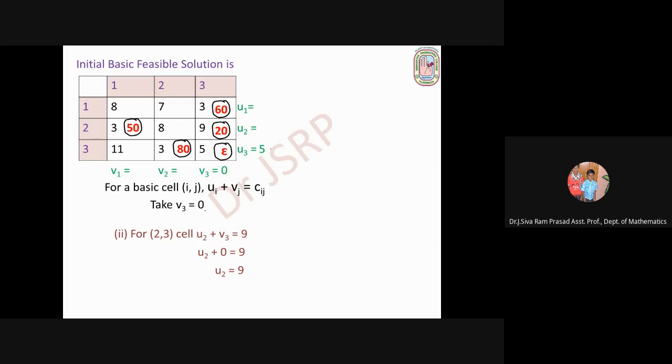So here U2 is 9. Next, consider this basic cell, the 1 3 cell. For the 1 3 cell, U1 plus V3 equals the cost of the cell, 3. Substituting V3 as 0, U1 plus 0 equals 3, so U1 equals 3 minus 0, which is 3. So U1 equals 3 here.